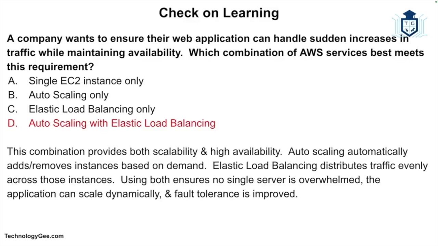And of course, the answer is going to be auto scaling with elastic load balancing. So this combination provides both scalability and high availability. Auto scaling automatically adds or removes instances based on demand, and elastic load balancing distributes traffic evenly across those instances. And using both ensures no single server is overwhelmed, the application can scale dynamically, and fault tolerance is improved.